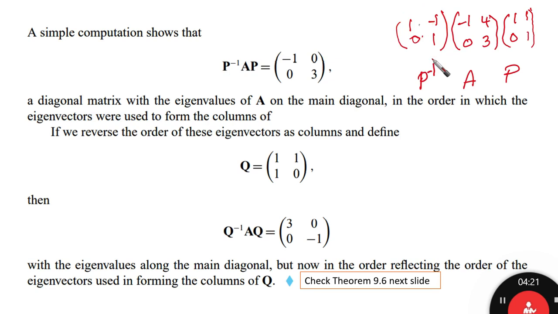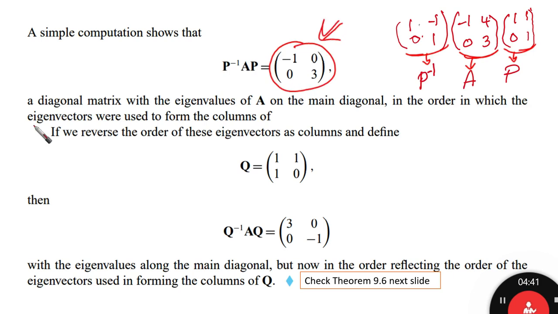So this is P inverse, this is A, and this is P. If you multiply these matrices together, then you are going to obtain this matrix. So what is this matrix?